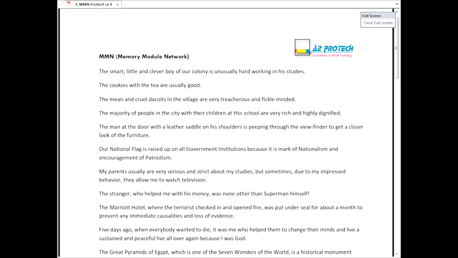This is meant, so noun, ism, noun, encouragement of patriotism. Got it? So let me read this for you to help you better understand. Our national flag is raised up on all government institutions because it is mark of nationalism and encouragement of patriotism.